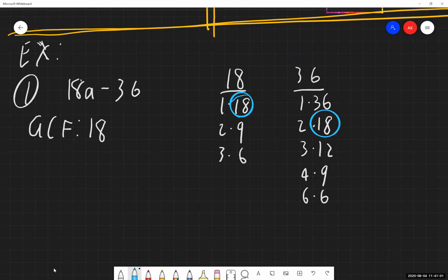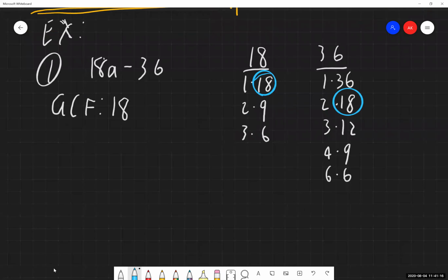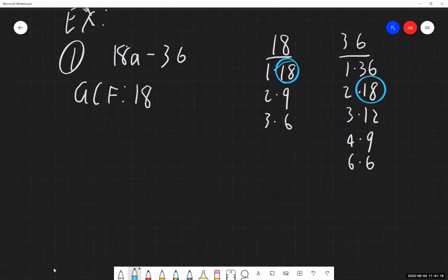The second term has no a in it. So they have no common factors of a within them. So my greatest common factor for this entire expression can only be 18. And that's perfectly fine. Sometimes we'll find a greatest common factor that has a variable. Sometimes we won't. It'll just depend on the problem.